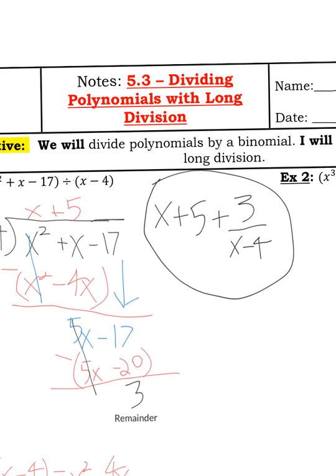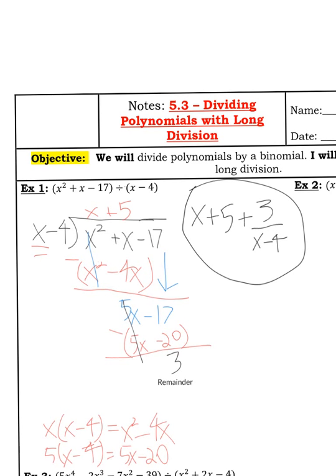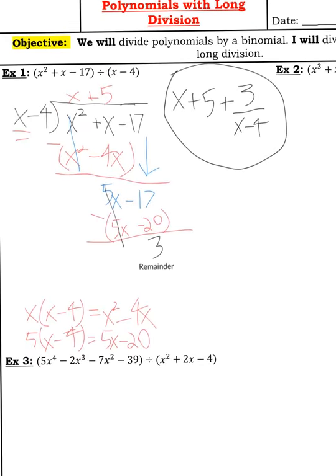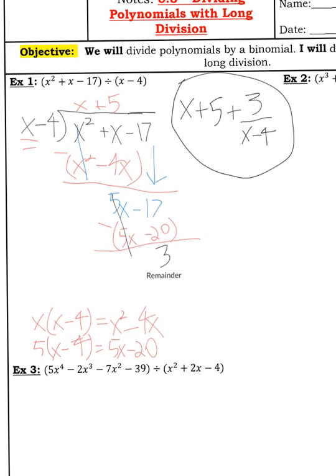Now, because this degree was a 1, you were dividing by an x minus 4, you could have done this all by synthetic division. But I like to start off with kind of an easy example. And if you look at examples 2 and 3, it'll be a little bit more complicated, just because the degree is not 1.